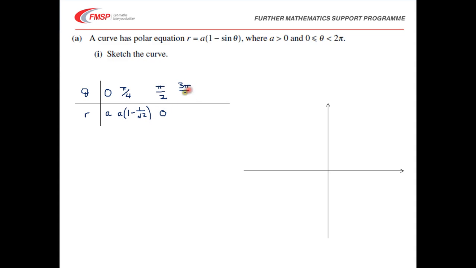If theta is 3 pi over 4, r is a times 1 plus 1 over root 2. If theta is pi, then we just get a. So that means what I've done so far is I've got from a to 0, and then out again to minus a.